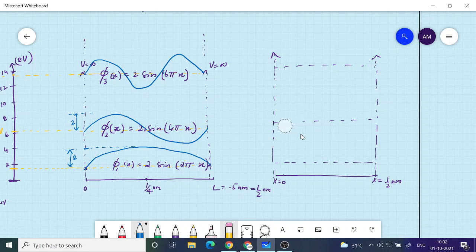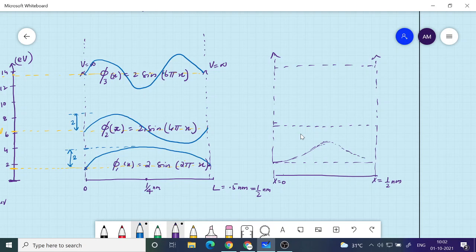Okay, I think I should bring this little more down. So the gap is also increasing as you go to higher and higher energy. Now if I square this sine, what will I get? I will get a positive quantity everywhere. So it will have the maximum amplitude which will creep up like this.